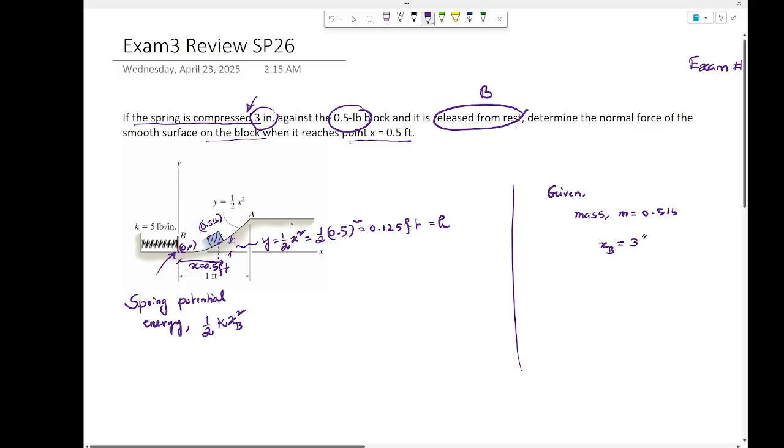Yes. Would it be weight for the block? Yeah, that's 0.5 is the weight for sure. But if you need to use it, you can obviously get it in slug by dividing by 32.2, right? That's the mass. But people also refer to it as pound mass.